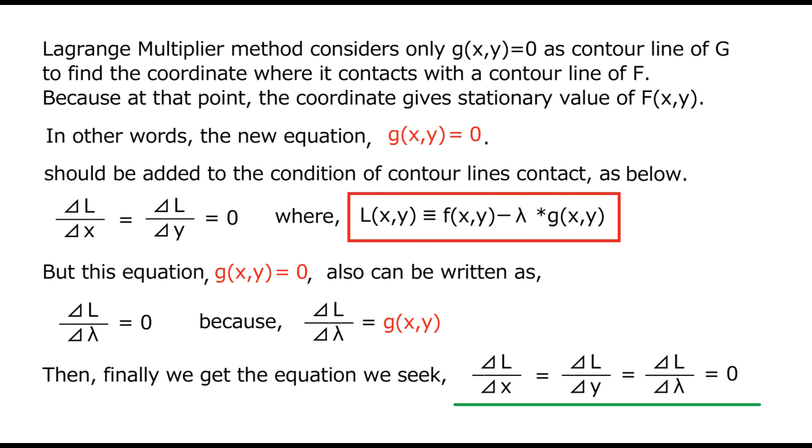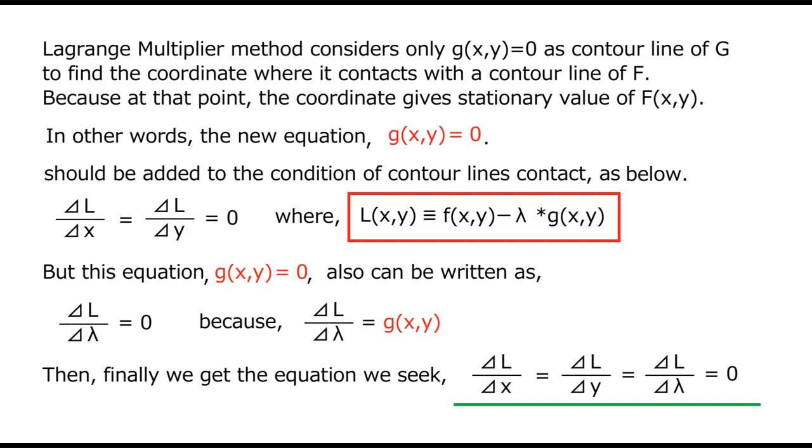Then, summing up the above, we get the Lagrange multiplier method. In brief, in order to find a point (x,y) where a function f(x,y) takes a stationary value under the condition g(x,y) equals 0, as described before, firstly solve these two equations: del L del x equals 0 and del L del y equals 0, which are the conditions that contour lines contact each other.